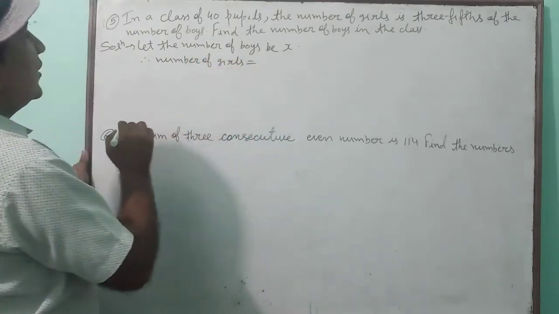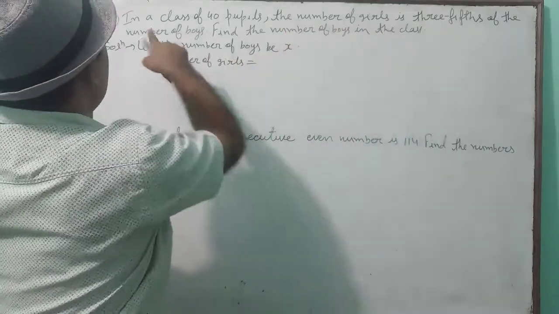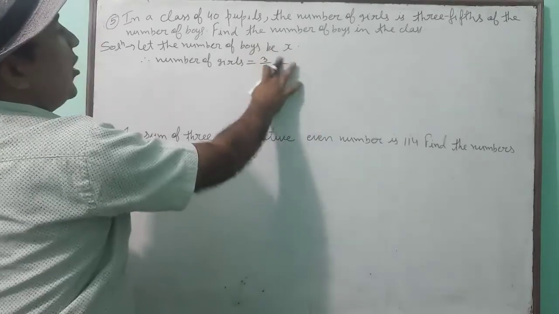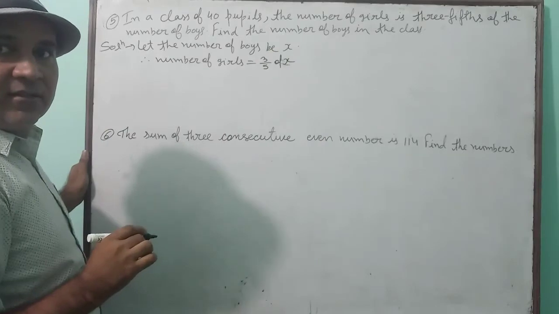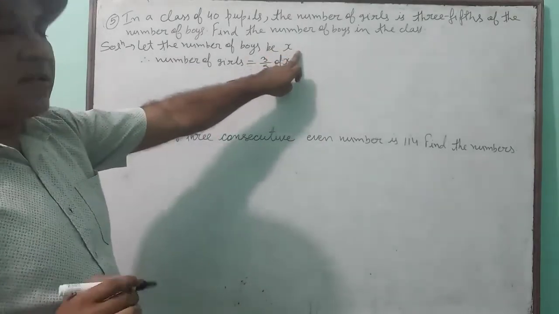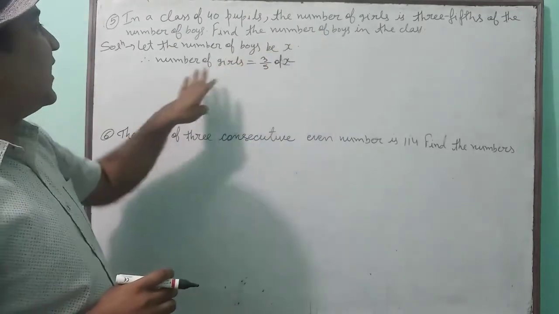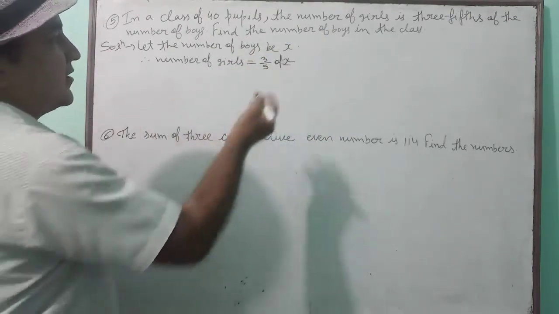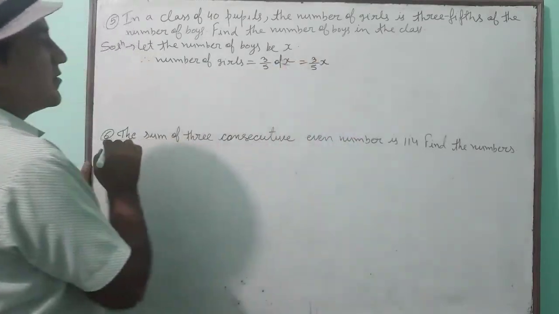The number of girls will be 3/5 of the boys. 3/5 of the boys means 3 by 5 of x. Boys are x that we are supposing, and from the question we get that the number of girls is 3 by 5 of x, that means 3/5 x.